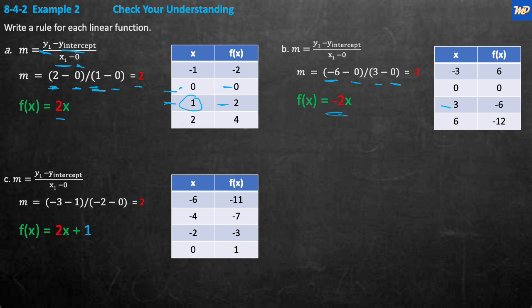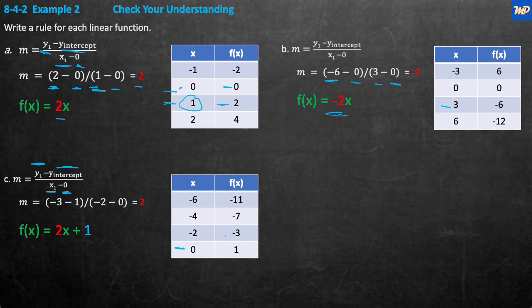So f of x is equal to negative 2x. Let's try the next one. m is the ending y point minus the starting y point over the x ending minus the x starting. So we're going to pick the 0 down here. Here's our starting point, where x is 0, because our f of x will be 1 at this point. And we're going to pick any other point, and the points chosen here are the ones right above it: the minus 2 for x and the minus 3 for f of x.